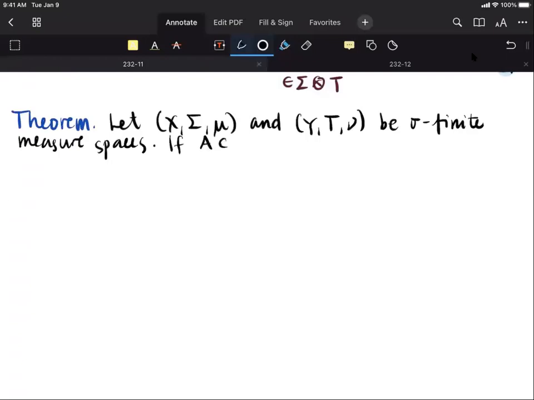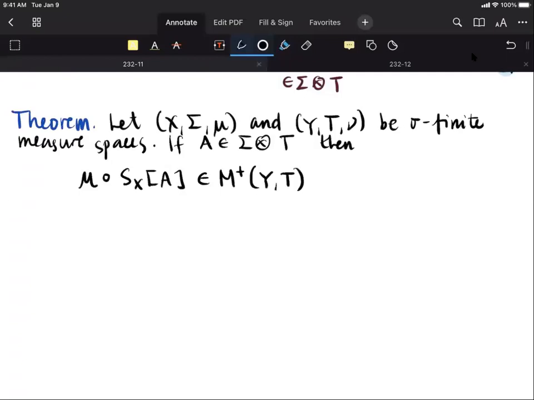If I take an A in the product sigma algebra, then if I take the section, we know that this maps y into sigma. Hence, we can take the composition with the measure mu. Then this is a non-negative measurable function with respect to y.